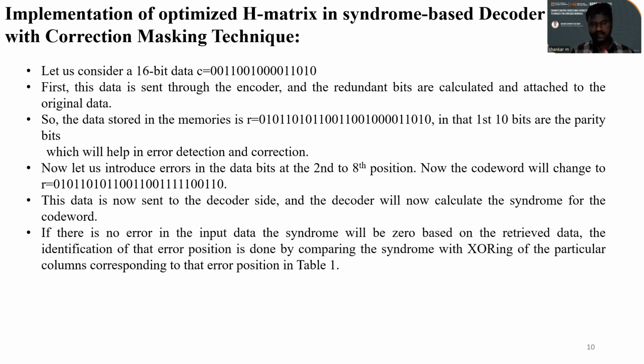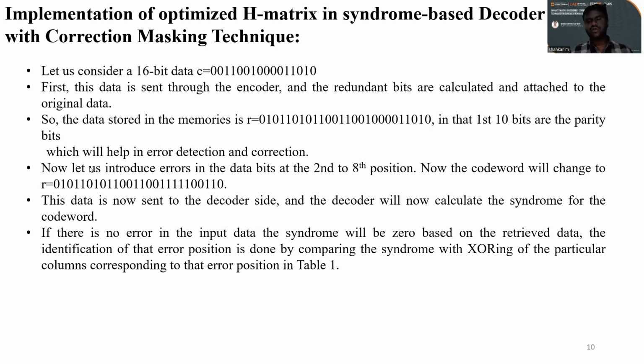For 16-bit data, for a 7-bit adjacent error, we need 10 parity bits. Then this encoded data along with the 10 parity bits is stored in the memory. As I discussed before, the first 10 bits of this data are known as the parity bits, which will help with our error correction and detection.